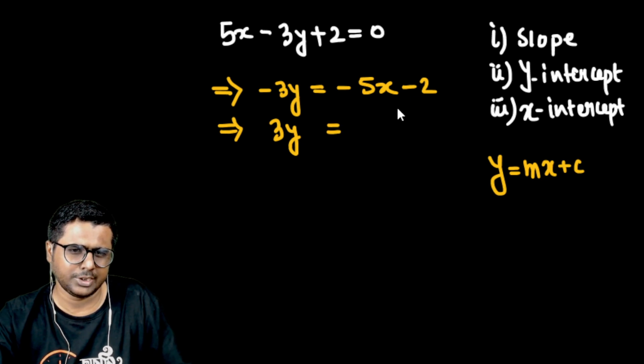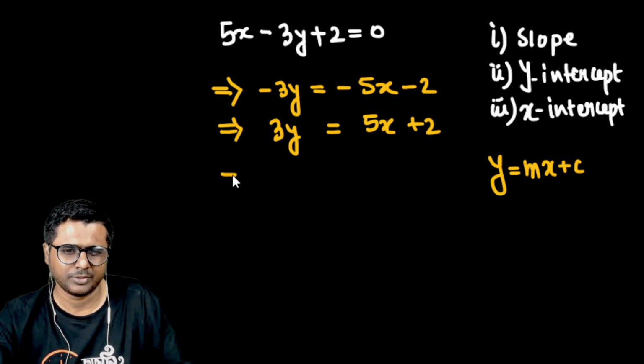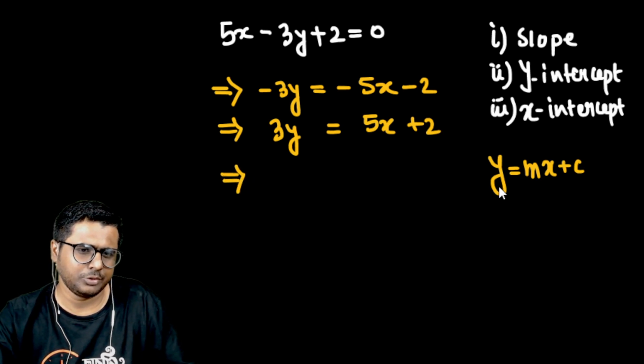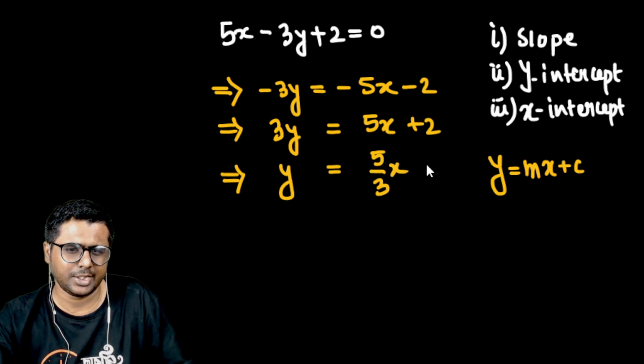Accordingly, I am going to change the signs over here also: 5x plus 2. These are basic elementary things you should know. Next, I am going to take this y. So y is equal to what? 5 by 3, I am going to divide everything by 3, x plus 2 by 3.